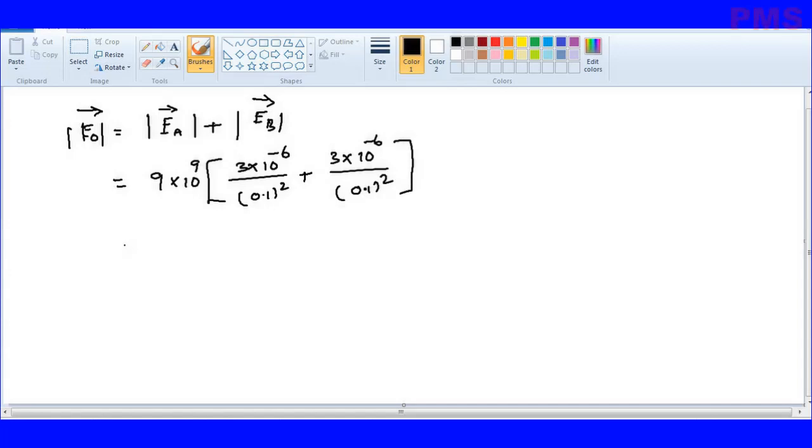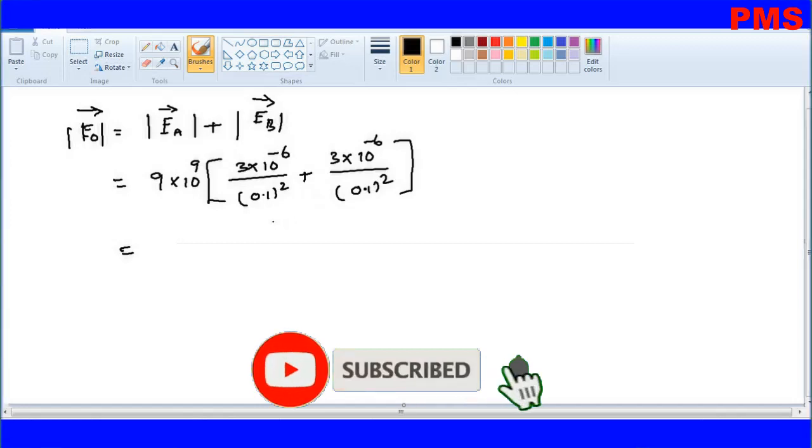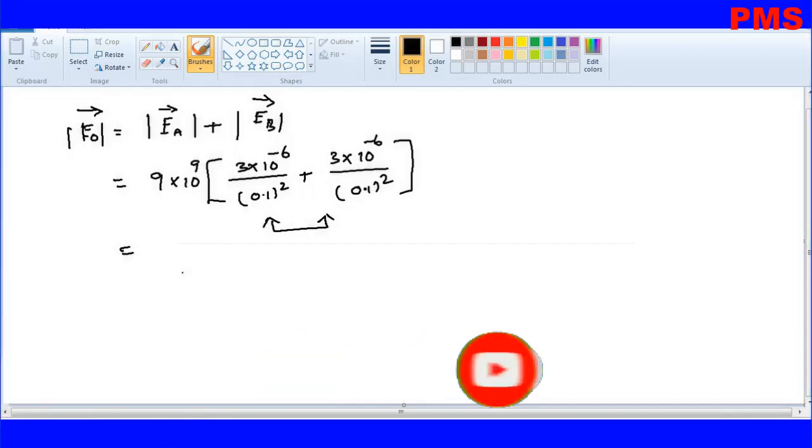I can simplify this equation and we will get the answer for the electric field. Because of the modulus of the E vector, whatever values come, plus or minus, it automatically comes as plus, so we write directly plus. Cancel 9 into 10 power 9 and the other values, and we get 5.4 into 10 power 6 Newton per coulomb.